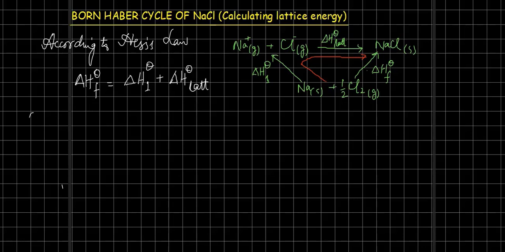So we can also write it as, because we are going to calculate the standard enthalpy change of lattice, the standard enthalpy change of lattice is equal to the enthalpy change of formation minus enthalpy change 1, right?